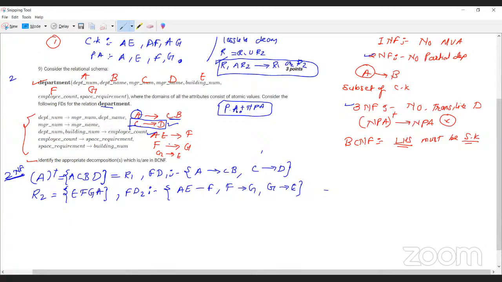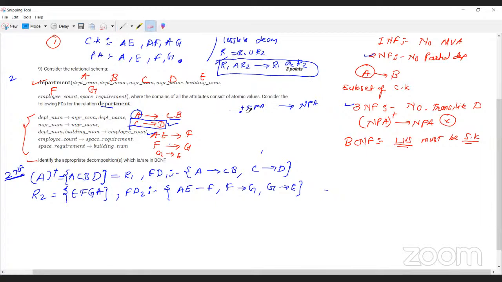For example, here A, E both are prime attributes, and A, E determines F. What if we had something like AC determining B? If it is determining a non-prime attribute, then we can consider it as a partial dependency, even though one of them is a prime attribute.